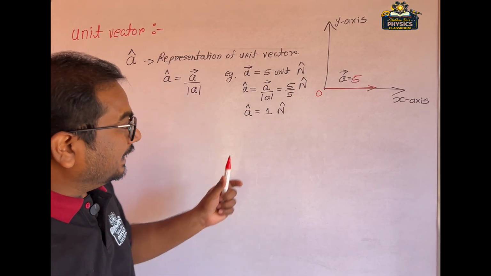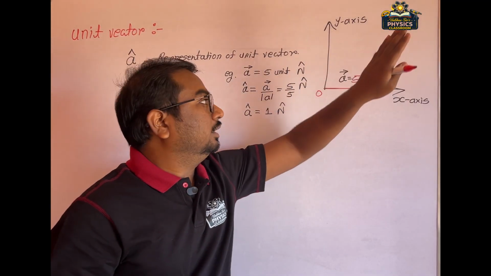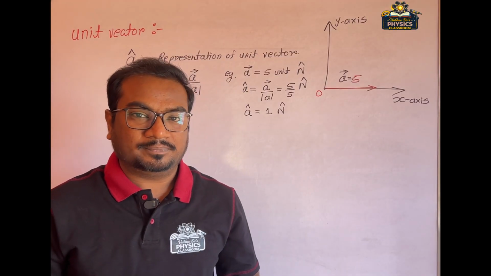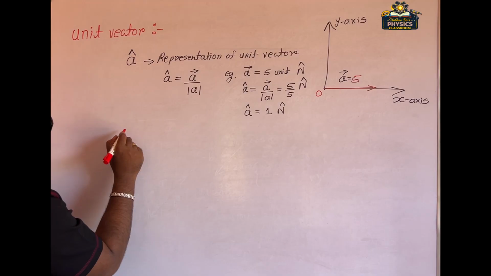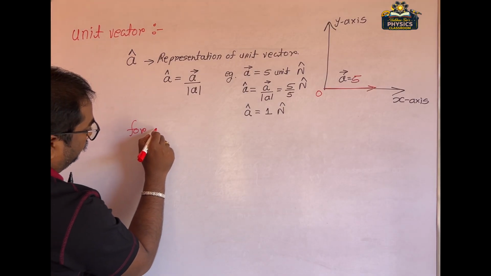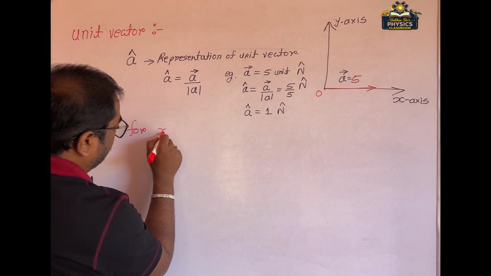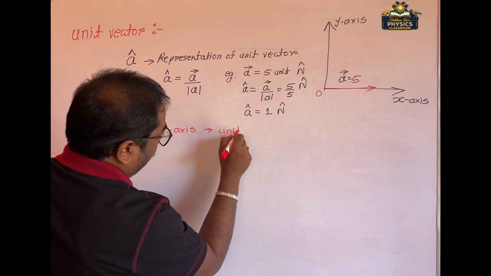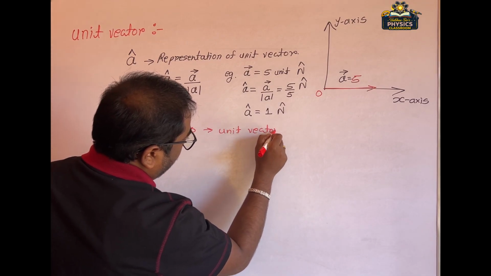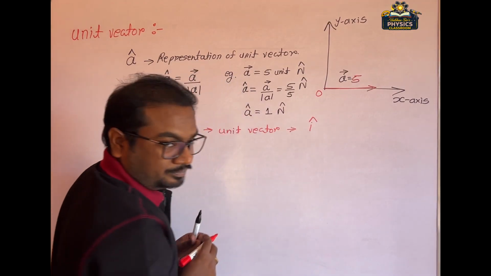We can represent such unit vectors on different axes. On the x-axis, the unit vector is represented with i cap.